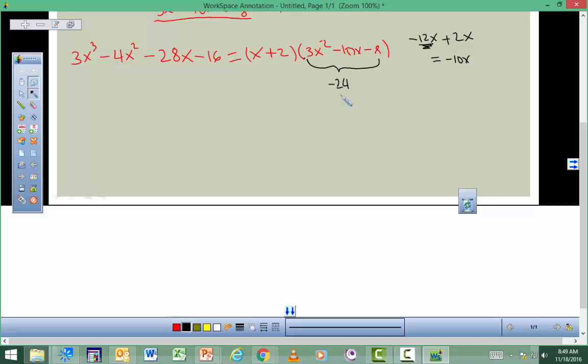And then you would have said, well, what two factors of negative 24 give me negative 10 when added? And hopefully you would have said negative 12 times a positive 2. And then you would have rewritten this part as 3x squared minus 12x plus 2x minus 8.